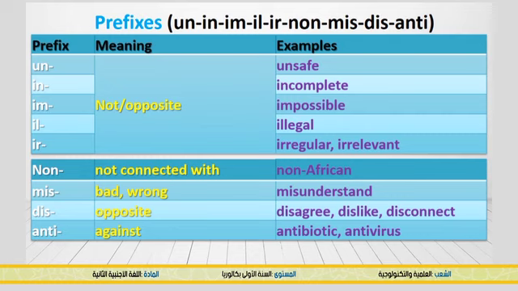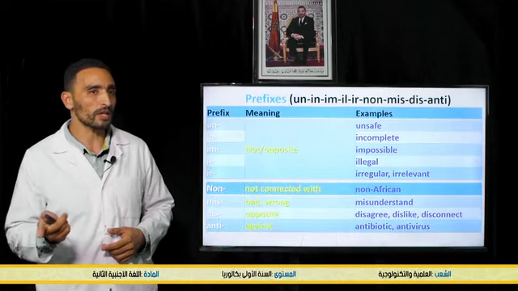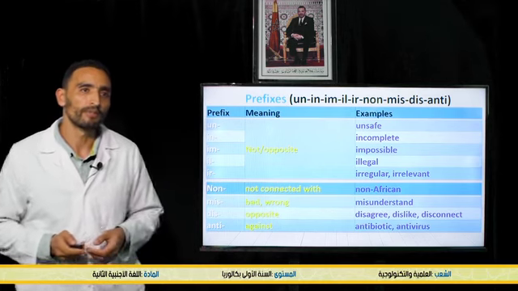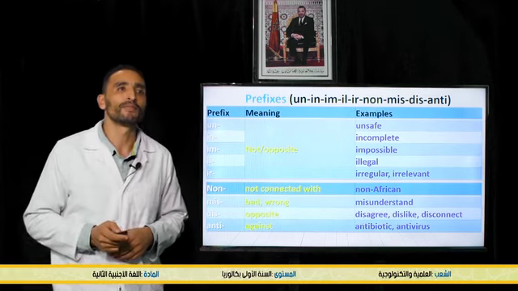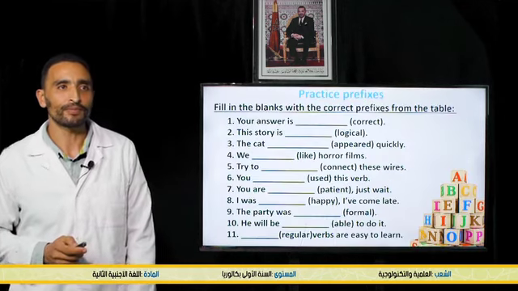For example, we say disagree, dislike, or disconnect. Anti means against. For example, we say antibiotic or antivirus. Now let's do some practice.